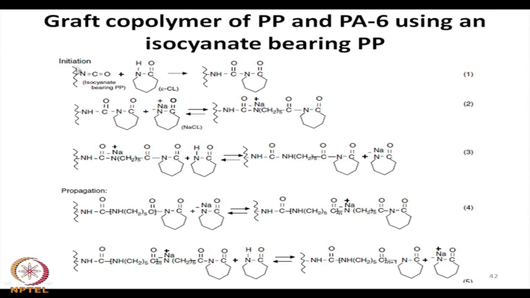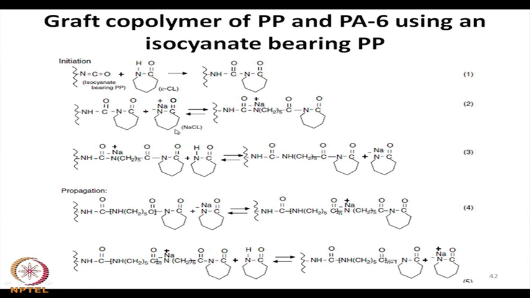Here you see, this is a polymer bearing an isocyanate group, NCO group, and this is the caprolactam. This caprolactam can form nylon 6 by opening of this ring at this bond. That means this bond breaks, and by breaking this bond it polymerizes, and you see this unit is linked to this polymer chain through nitrogen, forming this amide link.